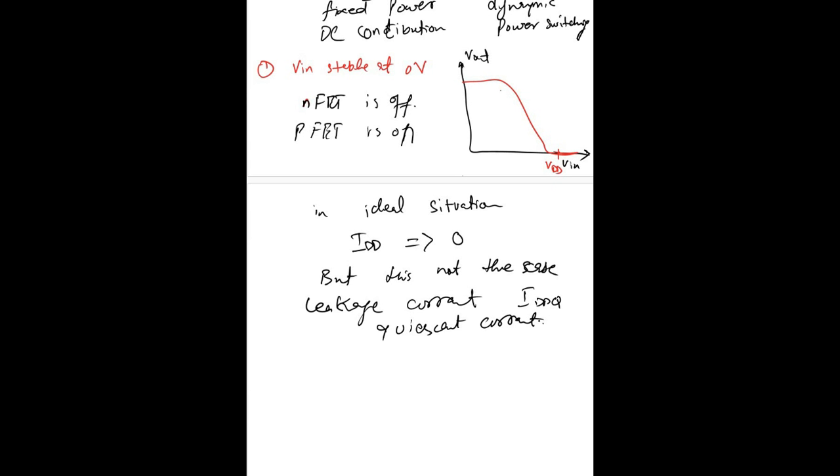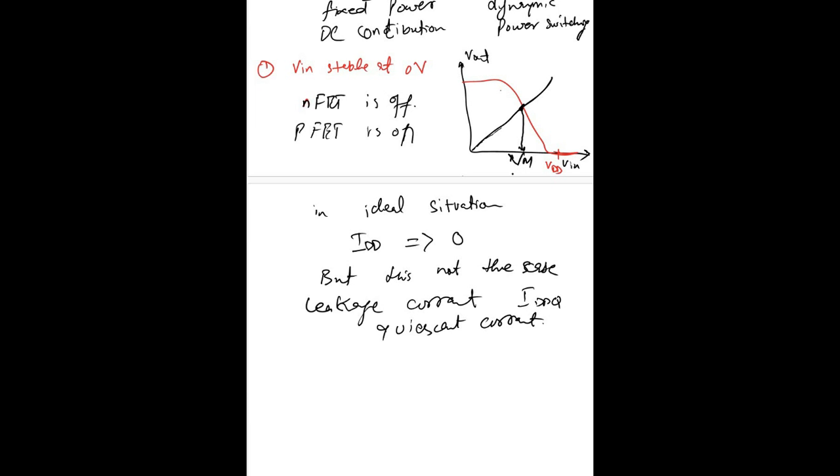But what happens when the voltage starts increasing? We had discussed earlier in this VTC curve, when our voltage starts increasing, we had a linear line here which basically corresponds to our VM. This line crosses VM here. So at this VM point, our NMOS and PMOS both were conducting. So we can say that there was a direct path between VDD and ground. This VM represents our midpoint voltage.